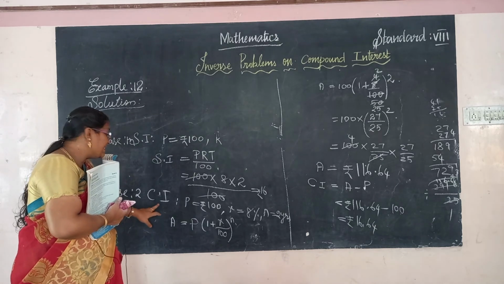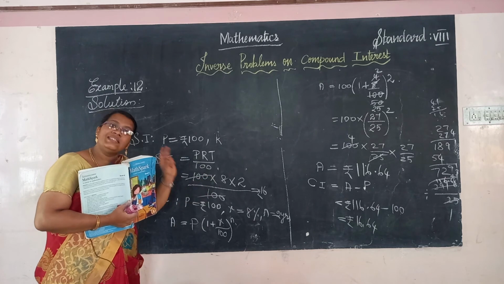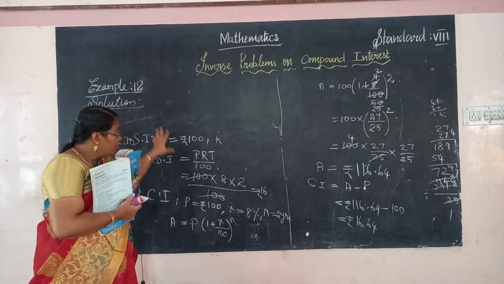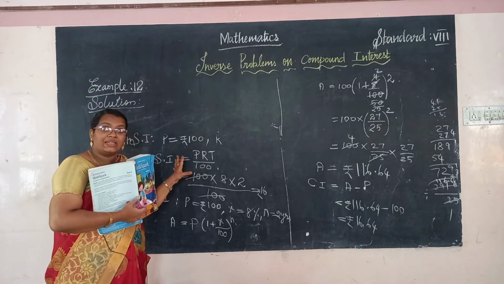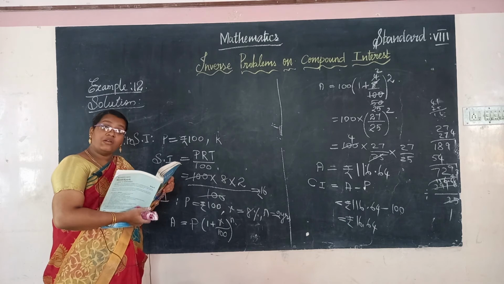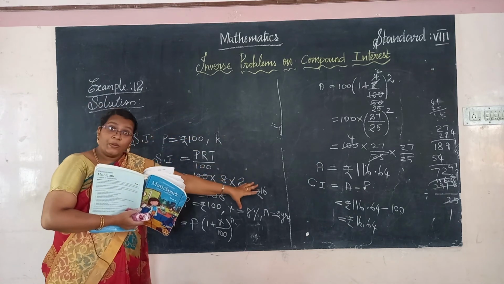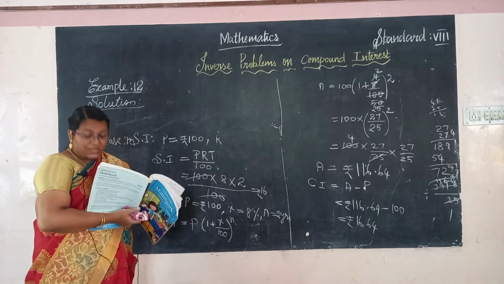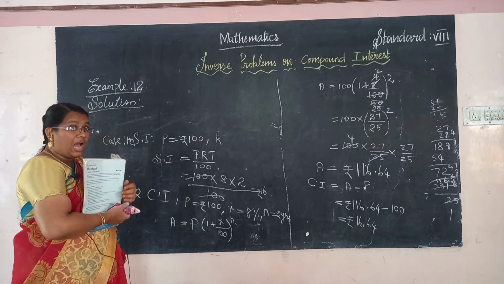The second one is deposited in compound interest for the same years and same rate of interest. Now we have calculated the compound interest and simple interest. Another piece of data is given, the difference on the interest, that is, the difference between simple interest and compound interest, is given in rupees.